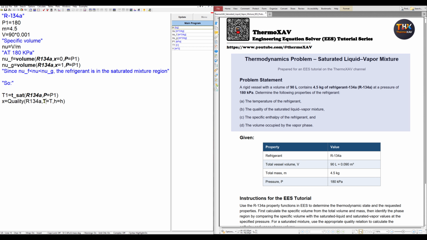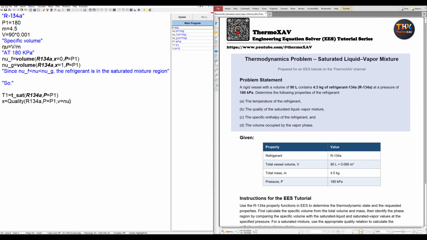This is the EES ability, that you can change this input value to other available ones. So I will call it P equal to P1. And here, as you know, we have the specific volume, so I can call it V equal to nu that we defined here.